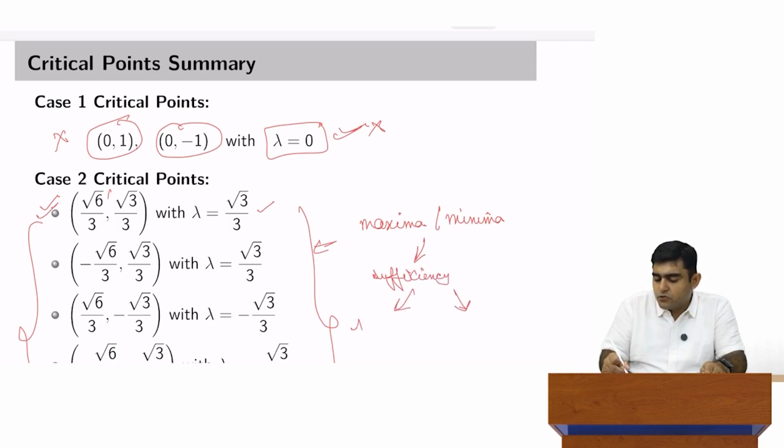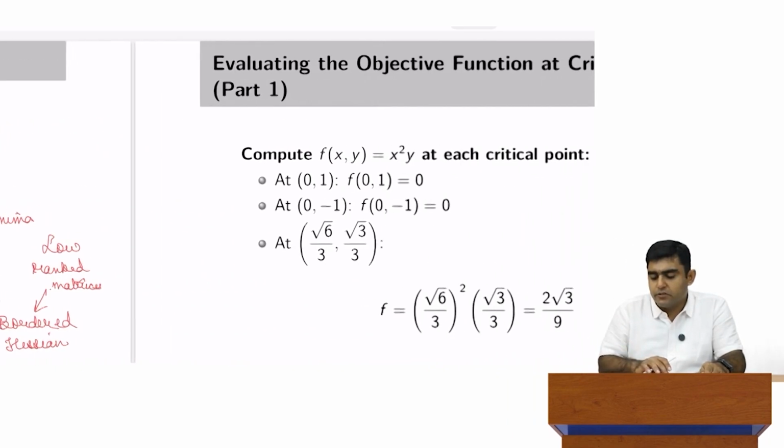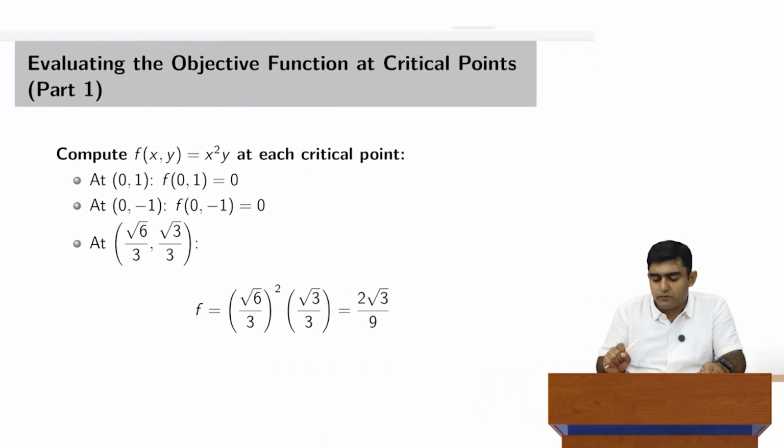One is to actually check the sign of d transpose Hessian of Lagrangian d, and second is we will actually construct the bordered Hessian and check for the sign of various ranked, in fact lower ranked, matrices that are embedded into that. What we do with one point can also be generalized to other points. So, we will look into one of the points.